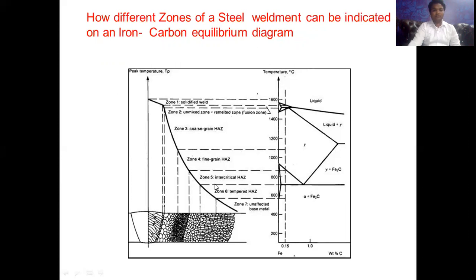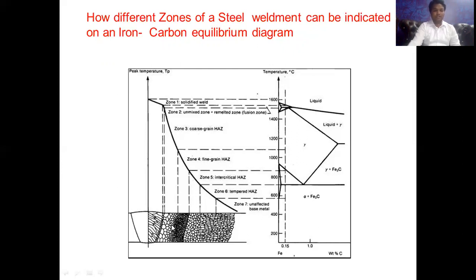Next to the fine grain zone, we have the intercritical heat affected zone. Next to the intercritical heat affected zone, we have the tempered heat affected zone. So the HAZ can be divided into 4 different zones: coarse grain HAZ, fine grain HAZ, intercritical HAZ, and tempered HAZ. And the 7th zone is the unaffected base metal.